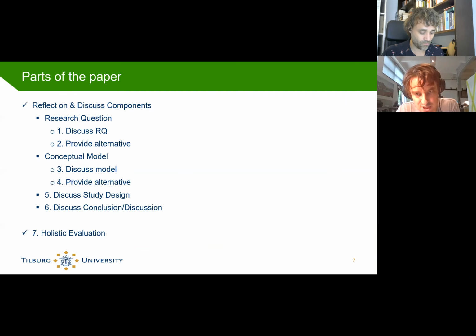That obviously starts with the research question that is introduced in the introduction, then the conceptual model that is usually introduced in the theoretical framework, then a study design and a method.